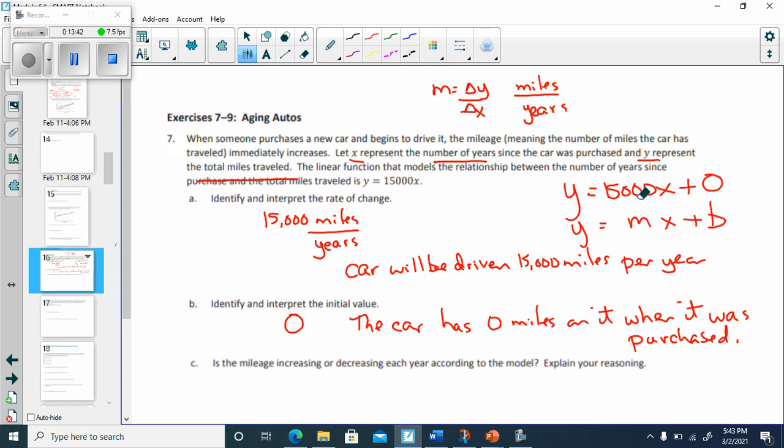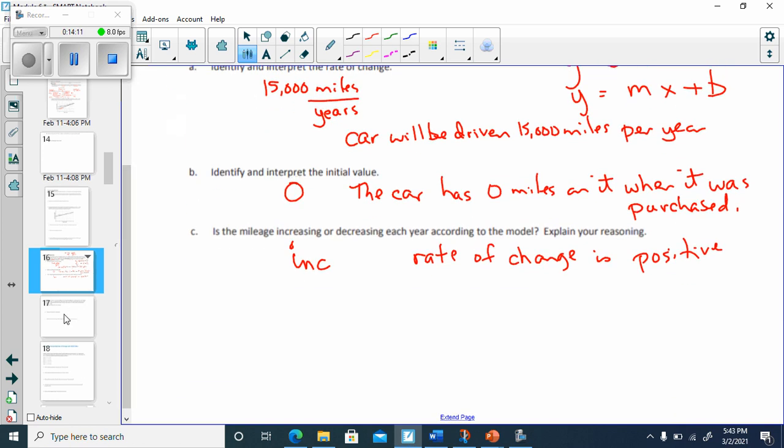The mileage is increasing by how much? It is increasing by 15,000. How do we know it's increasing? We know it because our slope, our rate of change, is positive. When the rate of change is negative, something is decreasing. Okay?